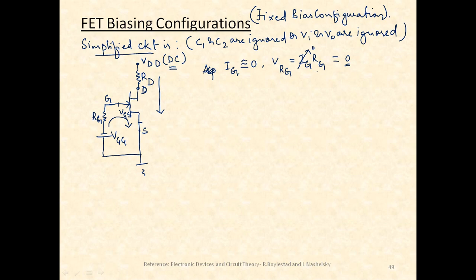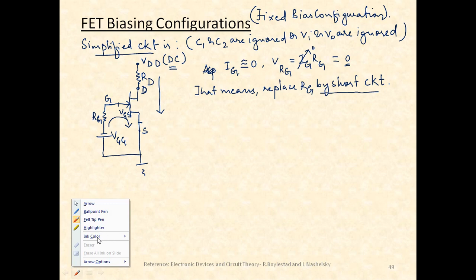So voltage across the gate resistor being 0 indicates that there is absolutely no drop across RG. That means replace RG by a short circuit, because there is absolutely no drop, because IG is 0. So replace RG by a short circuit.